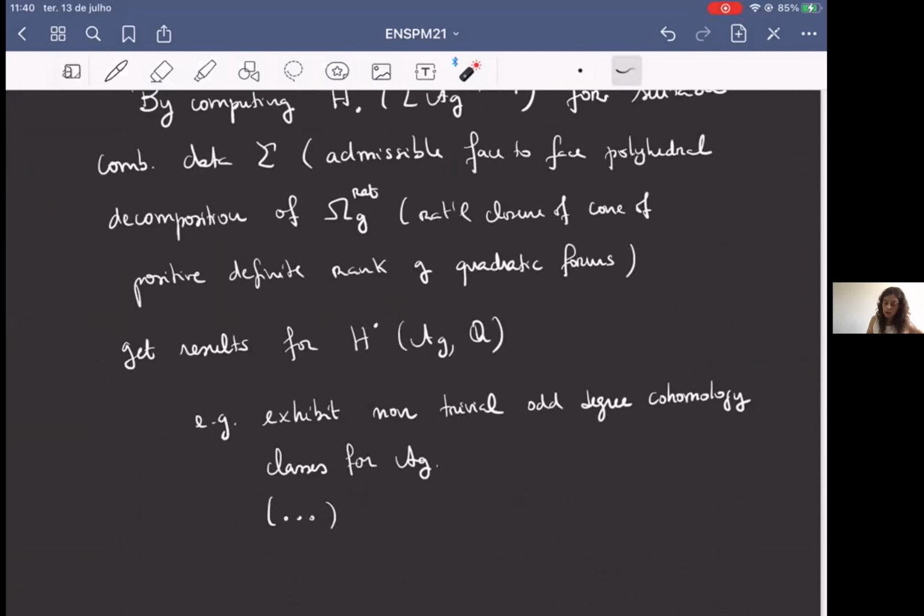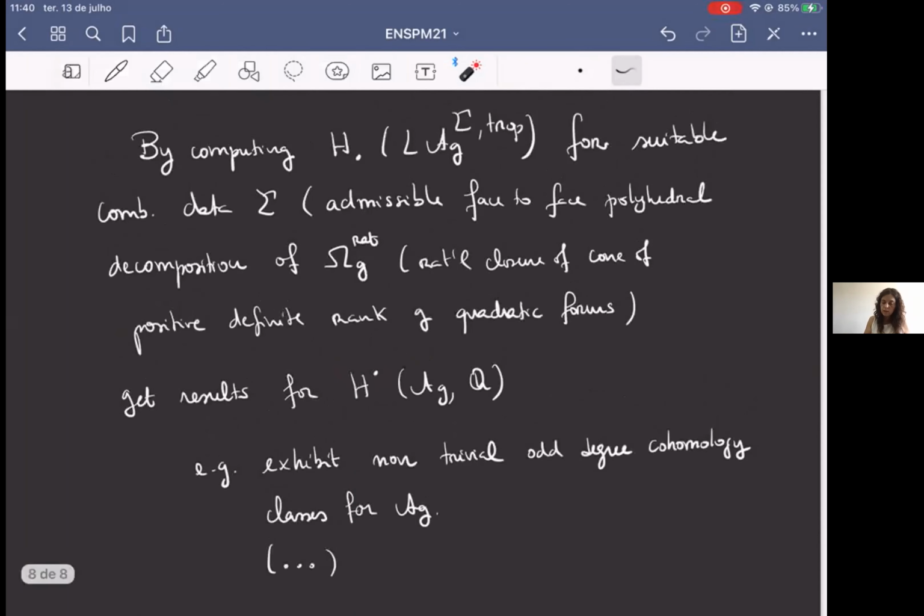So, for instance, we could show for the first time that there are non-trivial odd degree cohomology classes for AG, which was apparently not known. And we can also try to get estimates for boundedness of some dimensions of homology classes and other kinds of results. So this is what I wanted to say, and thank you very much for the invitation and for listening.